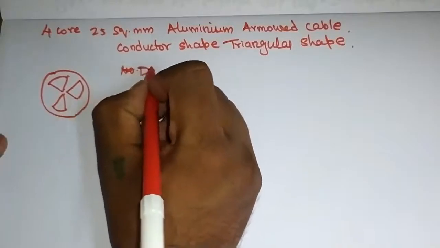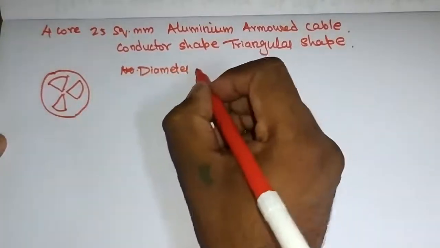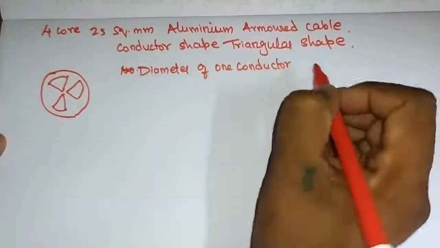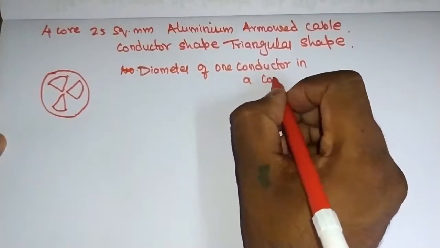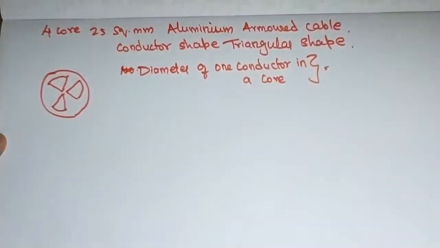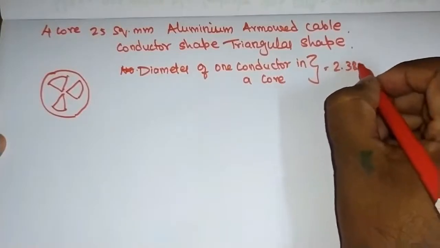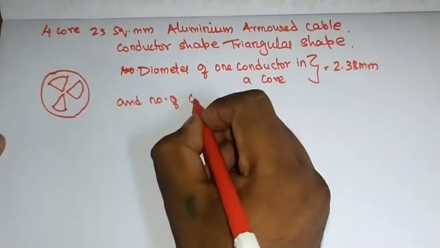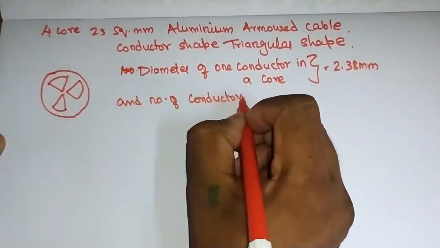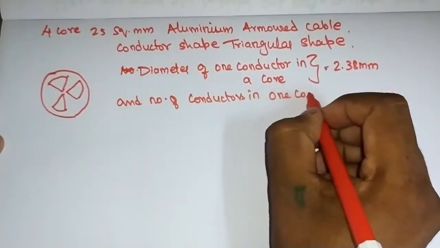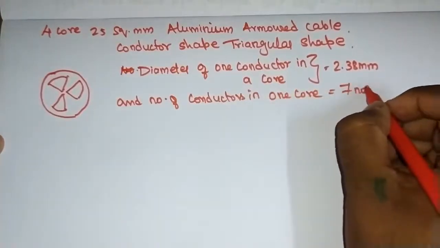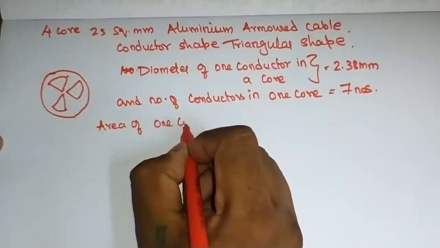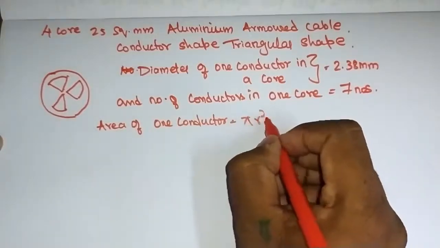So the diameter of one conductor in a core, we found, was 2.38 mm, and the number of conductors in one core was 7. We found the area of one conductor is pi r square.